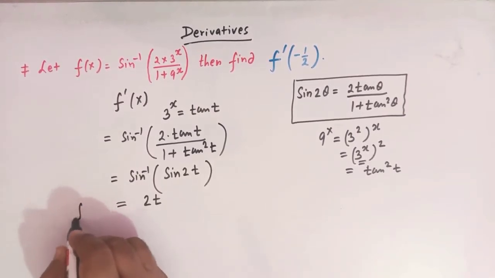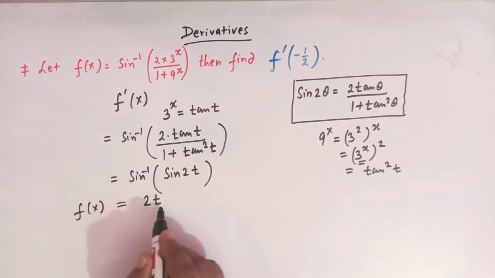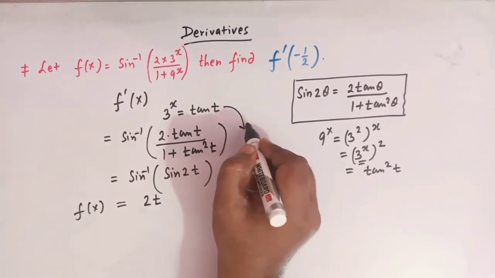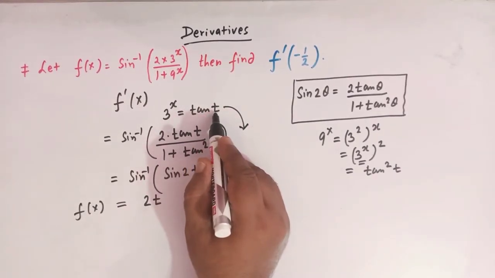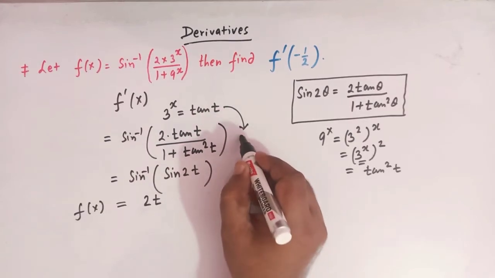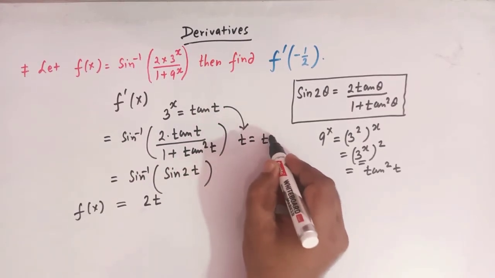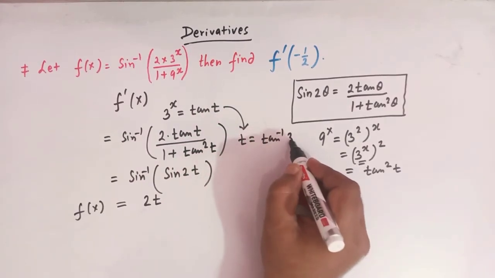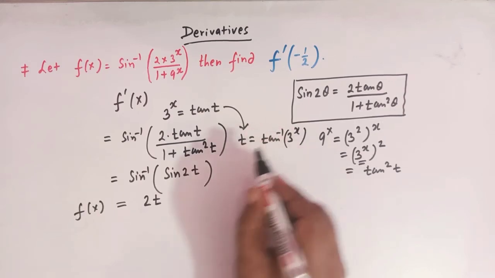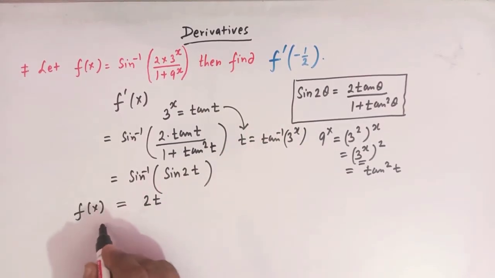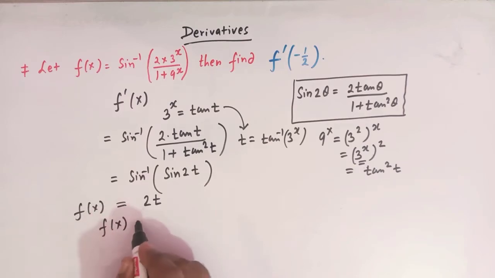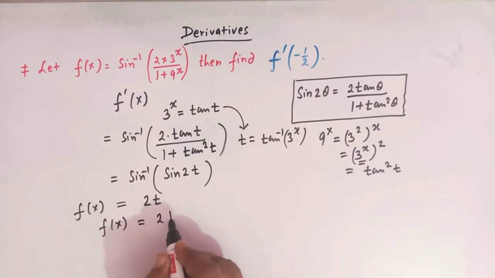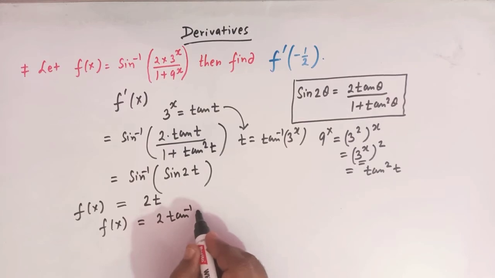So now f of x is equal to 2t, and from here we can easily find the value of t in terms of x. So t is equal to tan inverse of 3 raised to x, and we can substitute it here. So f of x now becomes 2 times tan inverse of 3 raised to x.